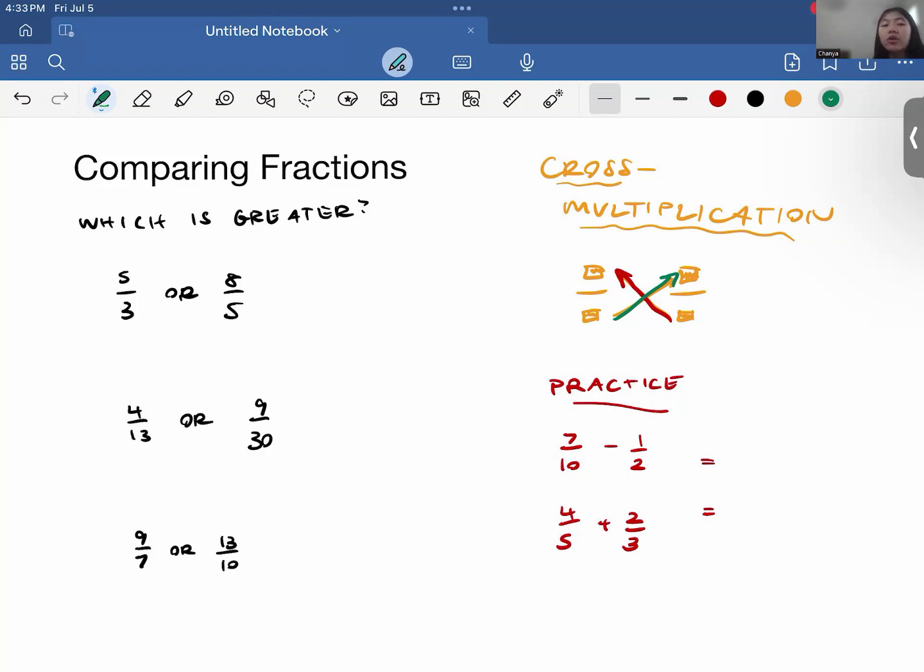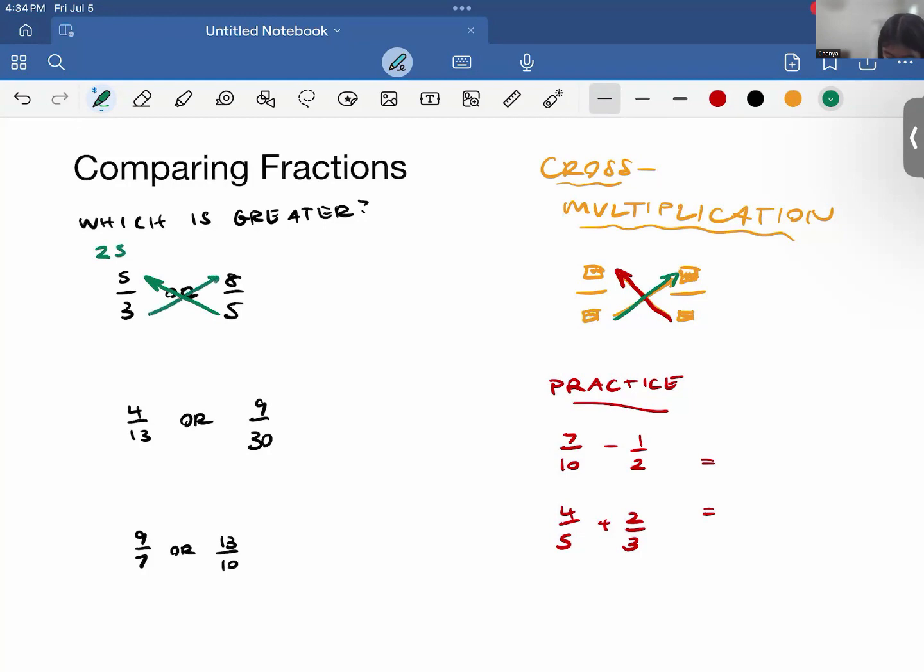So we're just going to do the cross multiplication on this problem, and I'm just going to jump in and do problem number 1 and show you the process along the way. So doing cross multiplication on this first problem, you have 5 multiplied by 5 here, which is 25, right?